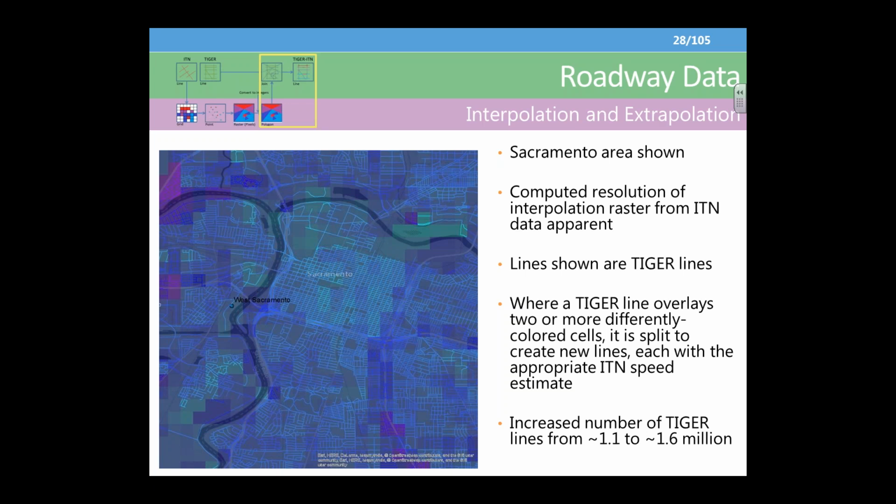So you can see that on here, the resolution of the interpolation raster is pretty visible. These lines are the tiger lines, and so essentially where there's a difference in the color of the cell, that's where we're going to split the tiger line, and we're going to then have a different value.